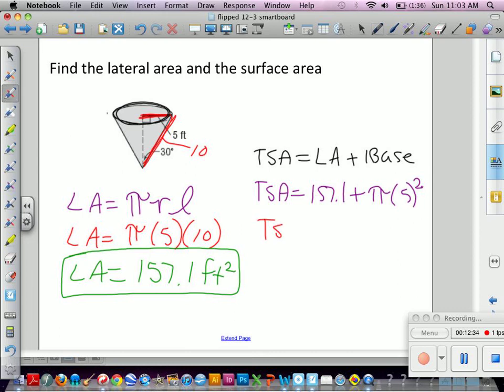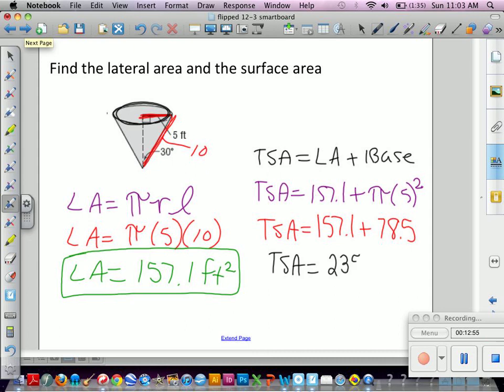Total surface area, my LA, my lateral area, 157.1, 25 times pi, 78.5, and now go ahead and add those together to get your total surface area, 235.6 feet squared.